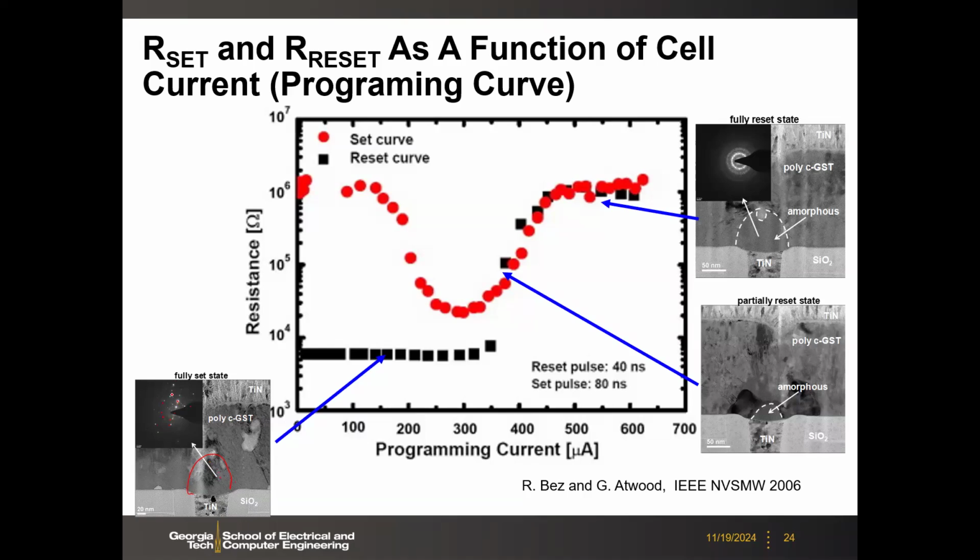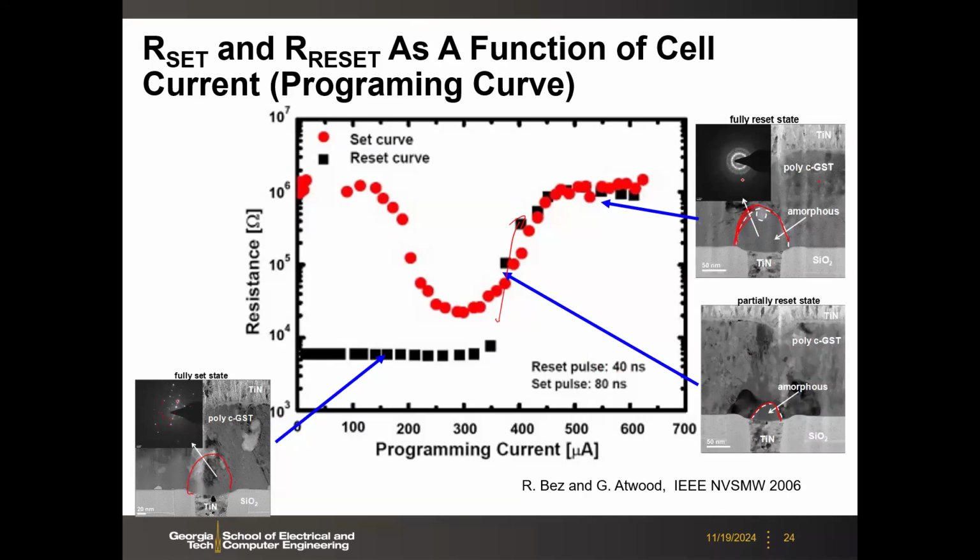So then as you ramp up the current and then do the reset, let's say 40 nanoseconds or so. When the current is high enough, then after that, the resistance will be high. So for example here, after this reset, this region actually will be a little bit different from the other region. So you see amorphous phase, which means a very random phase here. So this is not a repeated pattern.